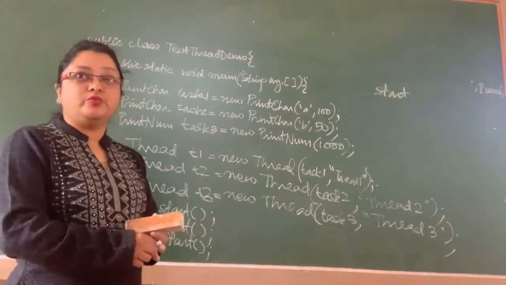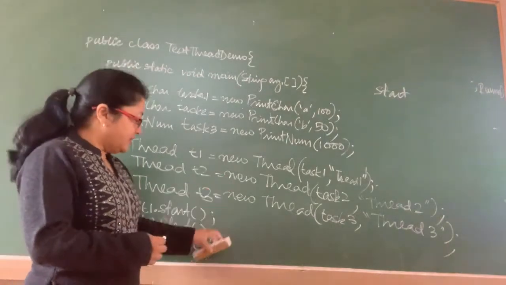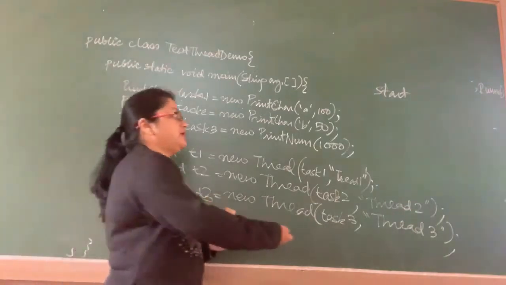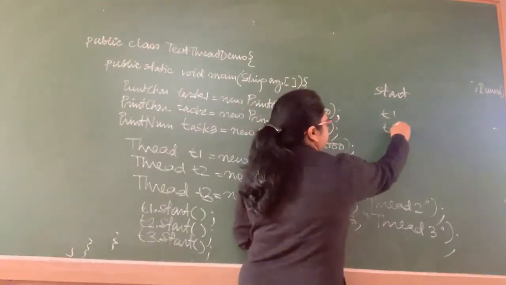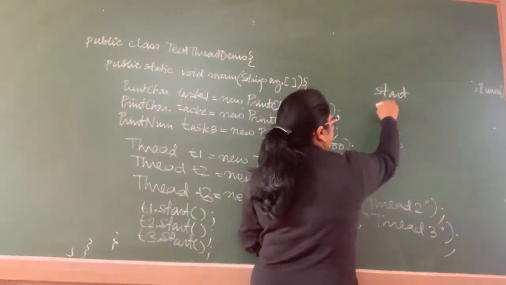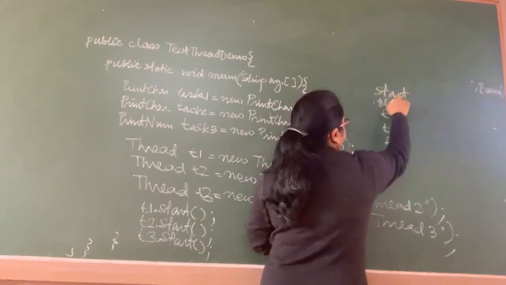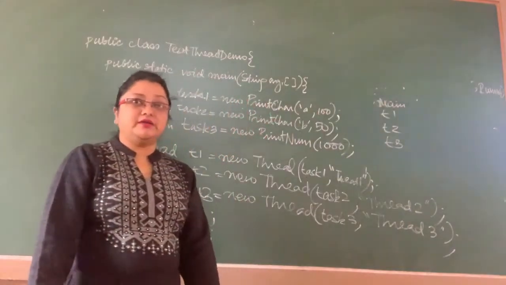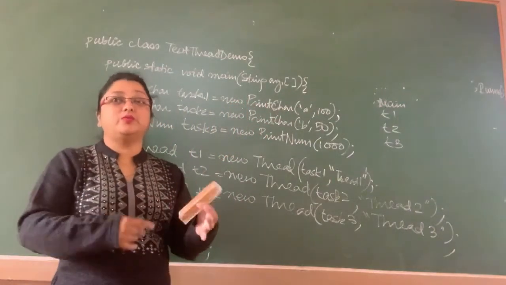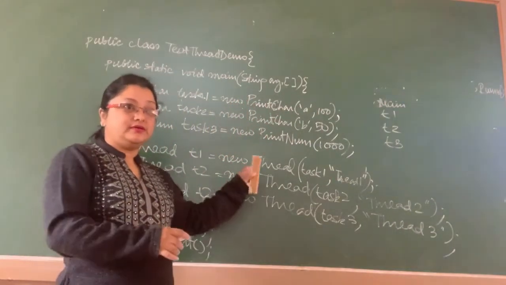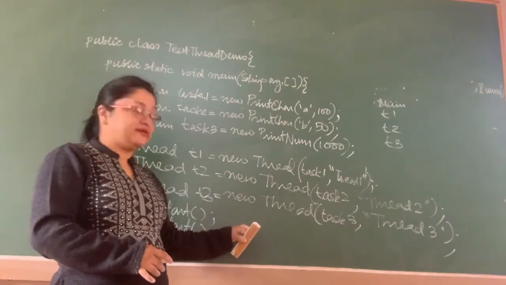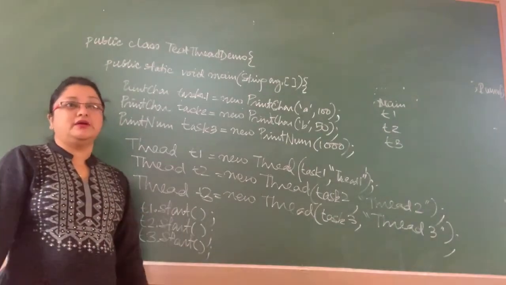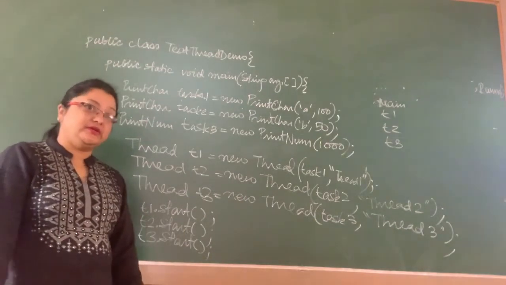So once you have started these 3, you have thread T1, thread T2, thread T3, and you also have the main thread. So 4 threads are running. Even the main thread can be scheduled by the operating system along with T1, T2 and T3.